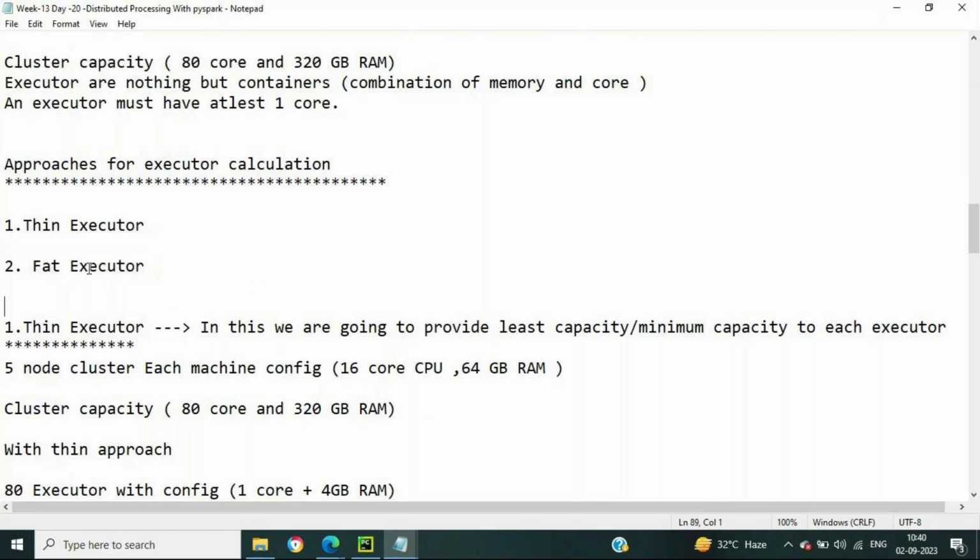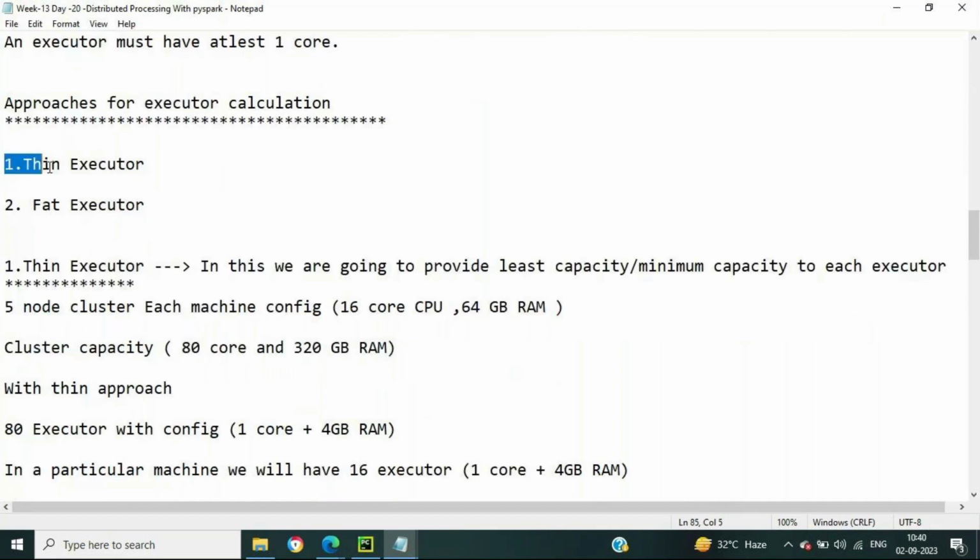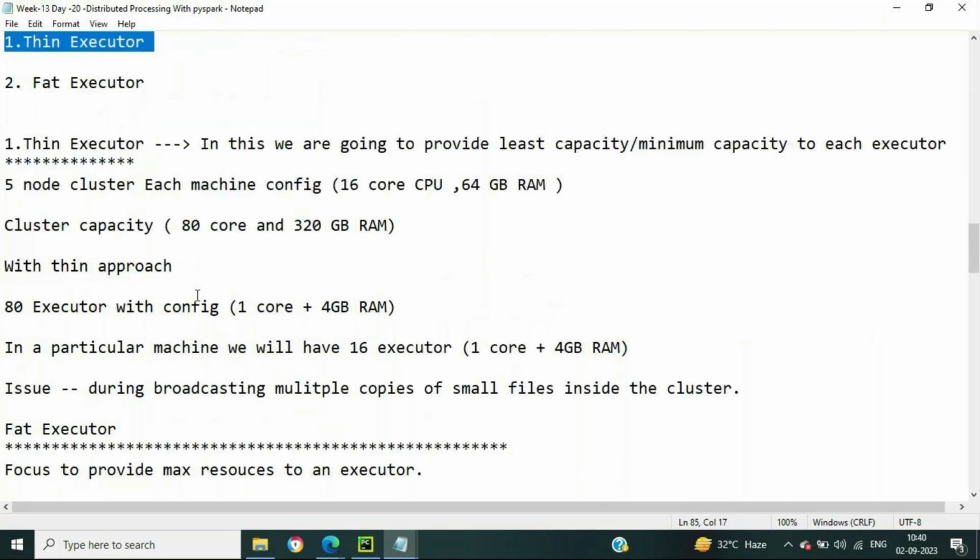But both of these approaches have certain drawbacks. With thin executor, broadcasting was a challenge. We will have multiple copies of a particular file being broadcasted throughout the cluster among different executors.